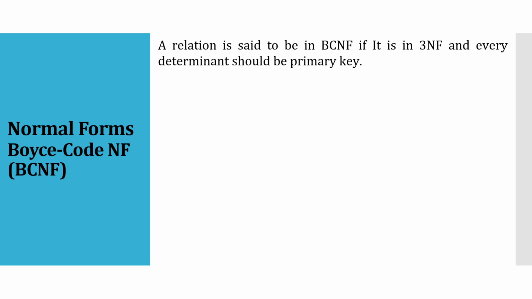I want the answer. Every determinant should be a primary key? Anyone who can give me the answer? What do you mean by the second part of the statement, every determinant should be a primary key?